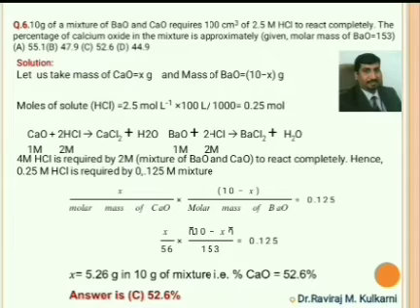Let's take the mass of calcium oxide as x gram, and the mass of barium oxide is then 10 minus x, since the total mixture is 10 grams.